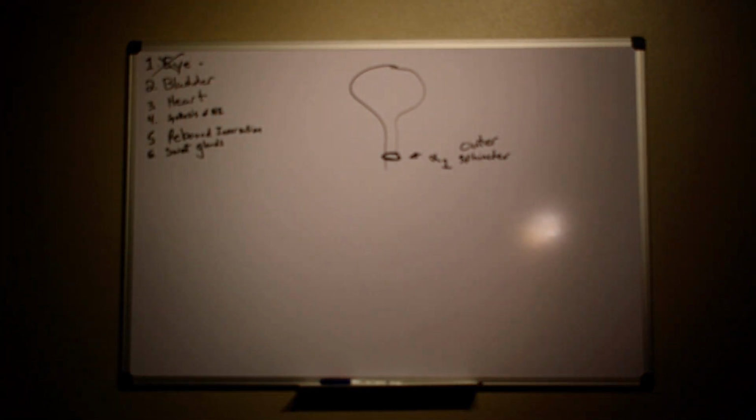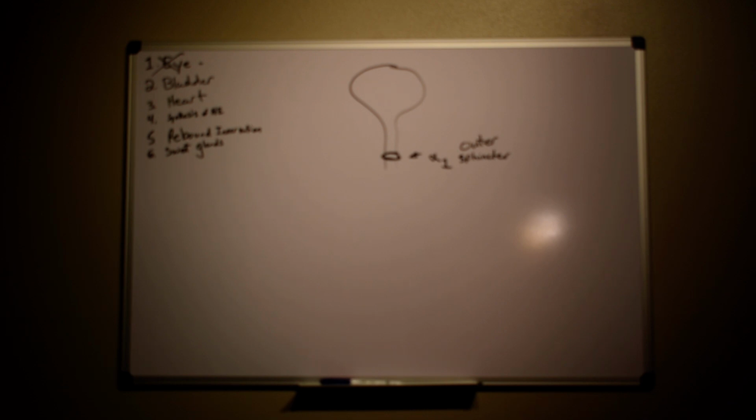On the outer opening of the bladder, the part of the bladder that leads to the urethra, we have this sphincter muscle that's going to allow us to contract and hold our pee. So that is kind of a sympathetic response.